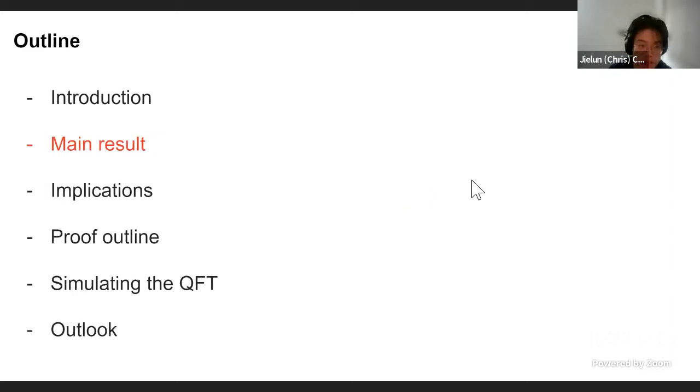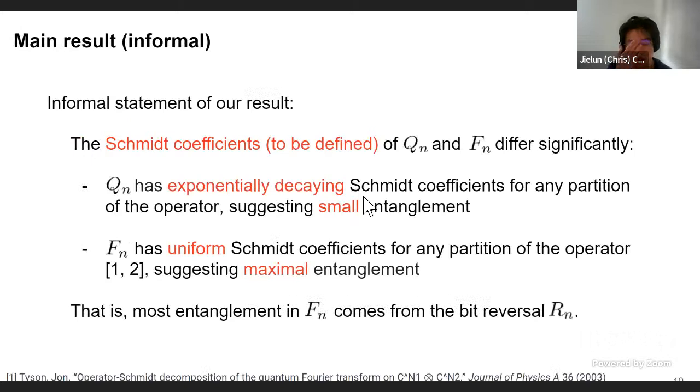Then I will talk about the main results. I will start with some informal statements, and then I'll gradually build up the formal statement of our paper. Informally speaking, our paper shows that the Schmidt coefficients of the QFT and the DFT actually differ significantly. And I will define soon what I mean by Schmidt coefficients. It turns out Qn has exponentially decaying Schmidt coefficients for any partition of the operator, suggesting small entanglement.